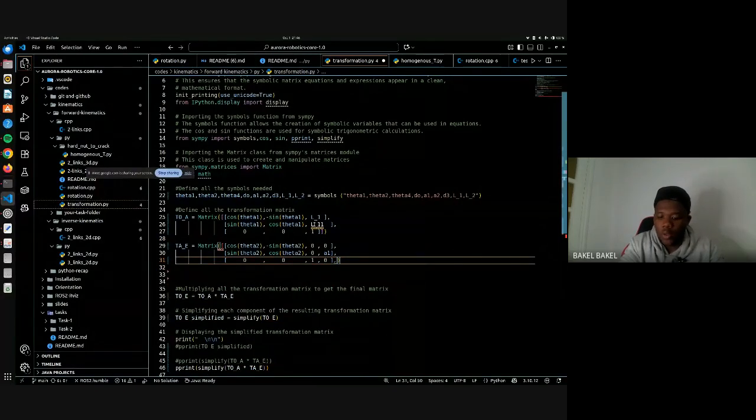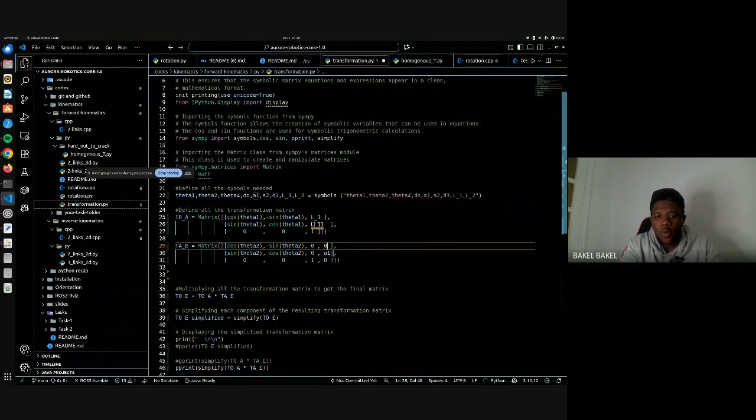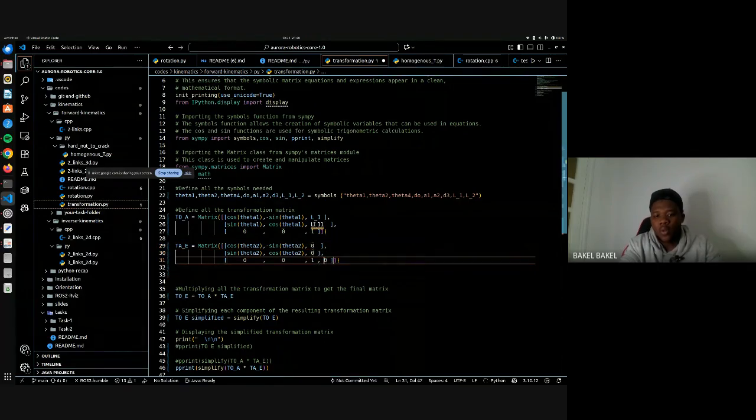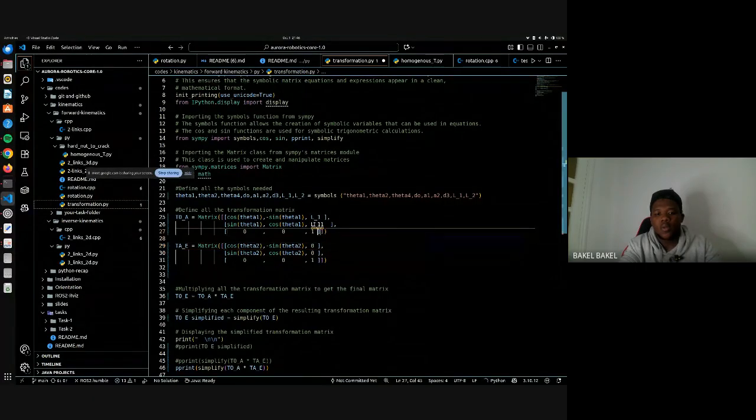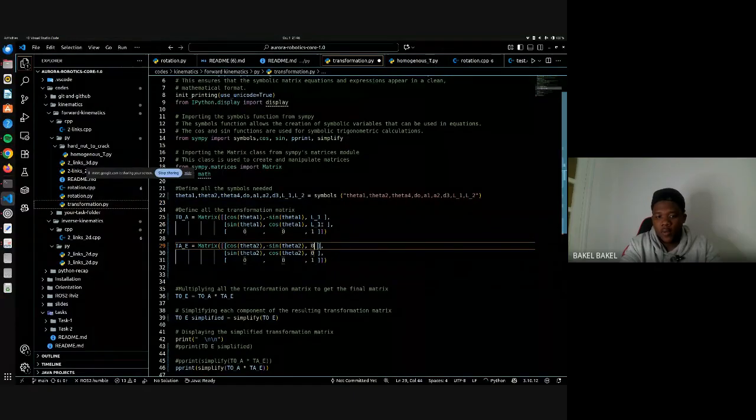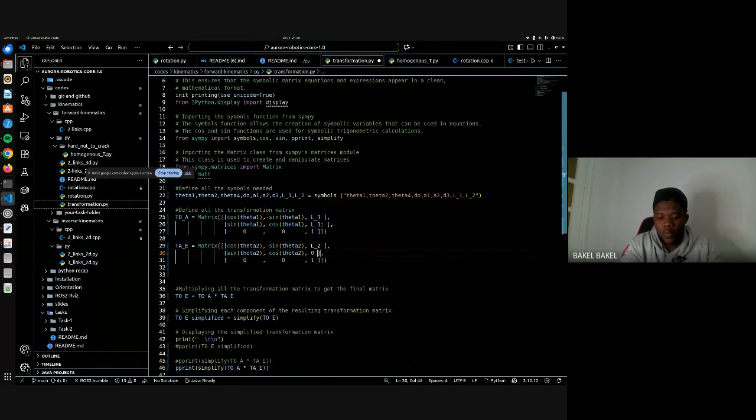And then I include this row, okay? And I reduce this dimension. All right. So I delete this. I have L_2.